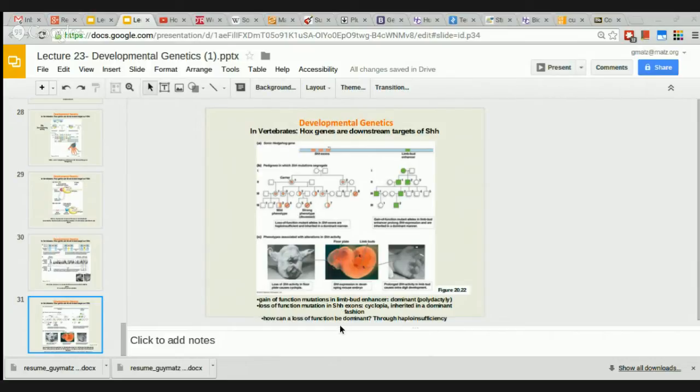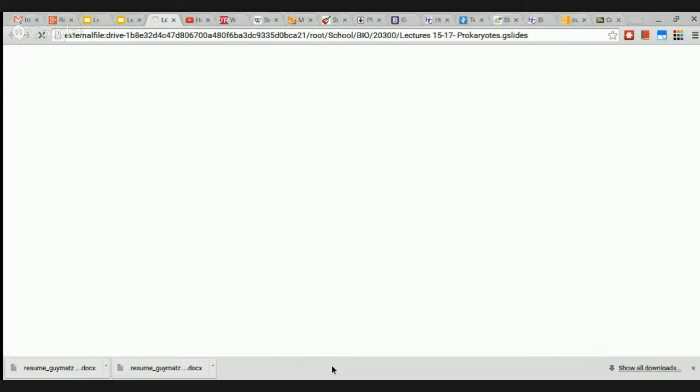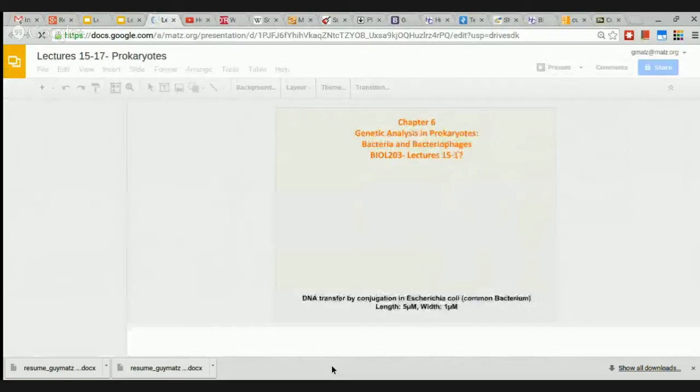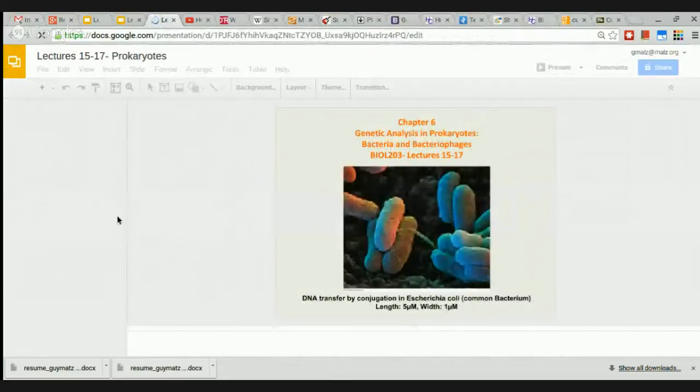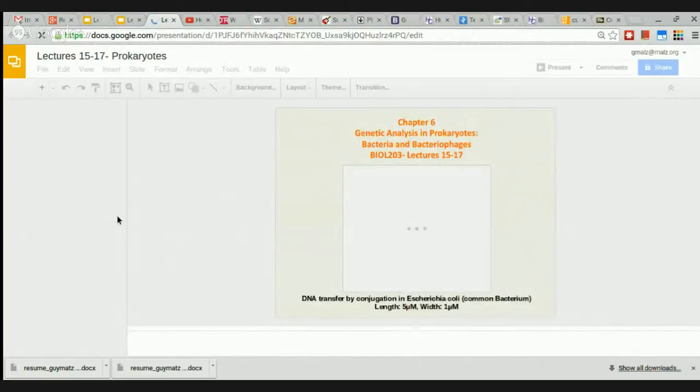So now we're going to make the big jump back a couple of billion years. And I'm going to first talk about horizontal gene transfer and conjugation.